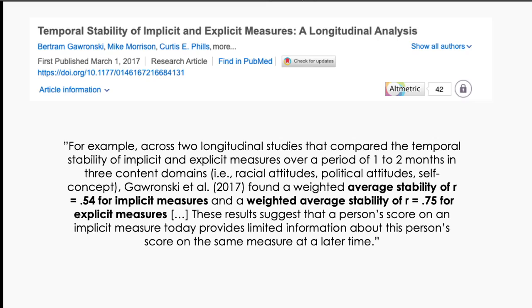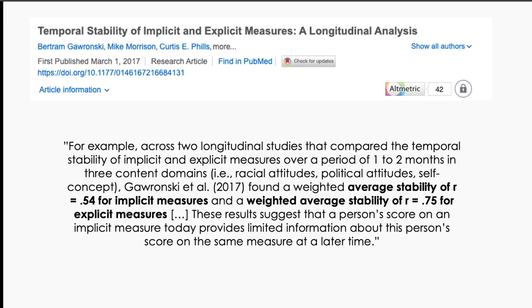Yet if you do classic temporal stability measures, if you correlate your IAT today with the IAT you took a year ago, then you find basically the opposite.